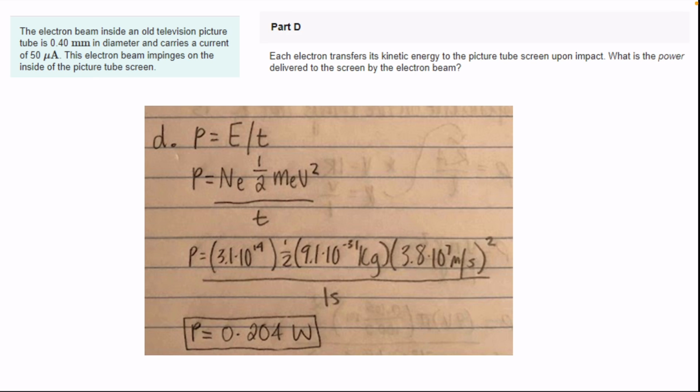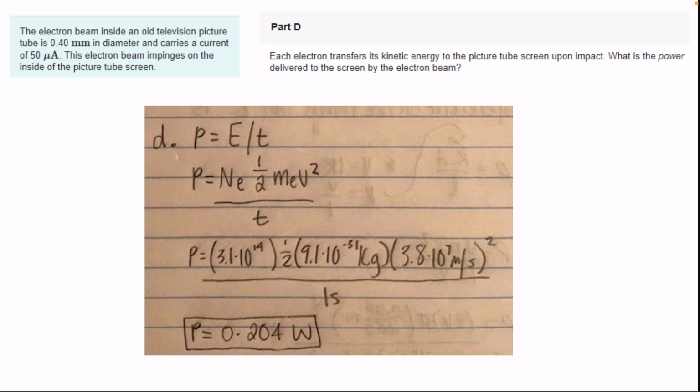So our final part is asking, each electron transfers its kinetic energy to the picture tube screen upon impact. What is the power delivered to the screen by the electron beam? So not to be confused with electric field, our power equals energy over time, which can be represented by the 1/2 m v squared equation, but you can see the way I've converted that is accounting for how many electrons are going to be involved in the interaction.